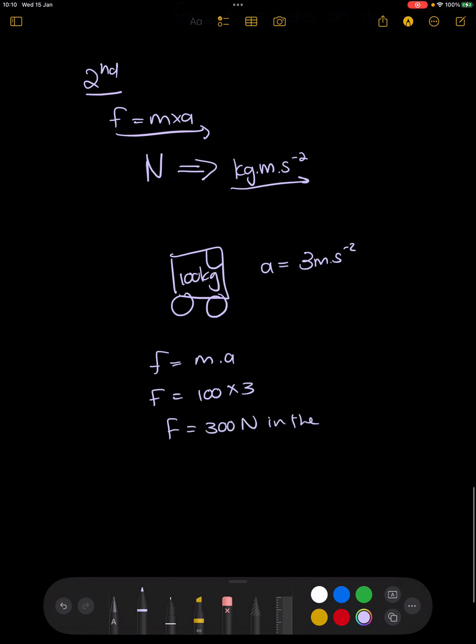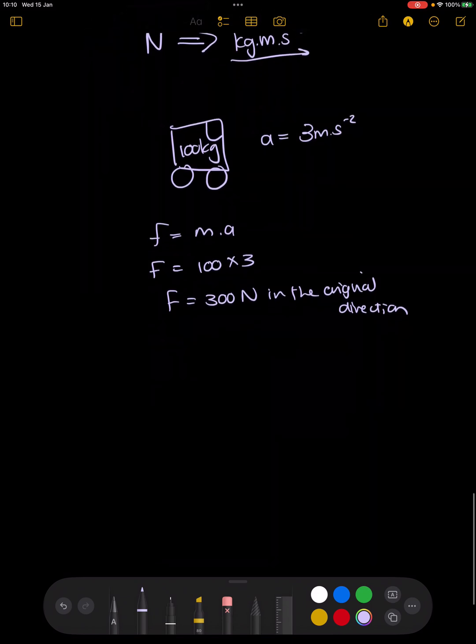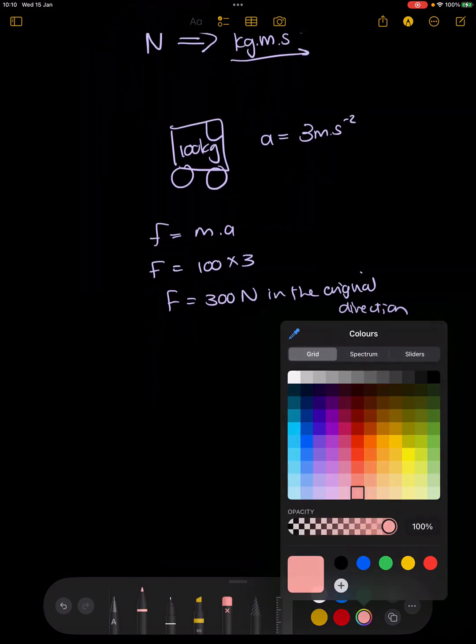In the original direction. I'm giving my direction because force is a vector, and with a vector I always have to give the direction as well.